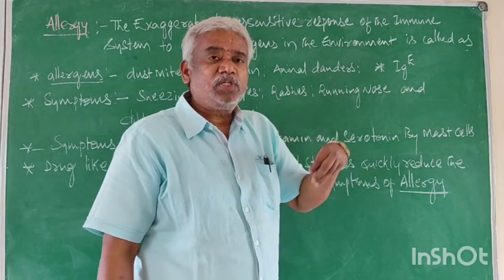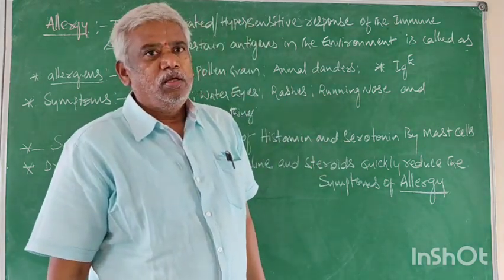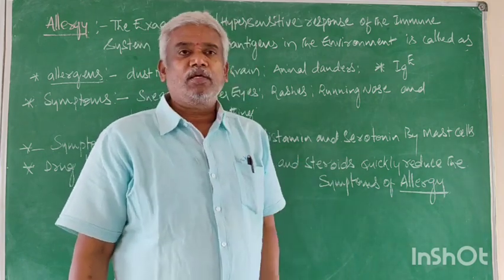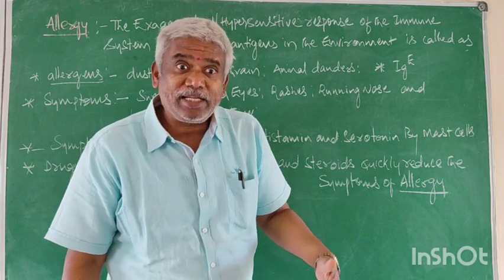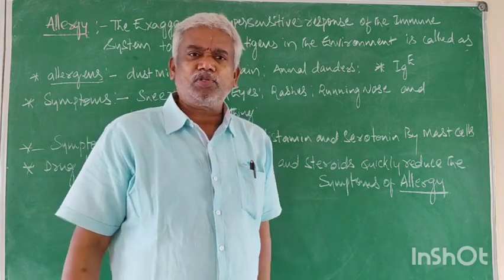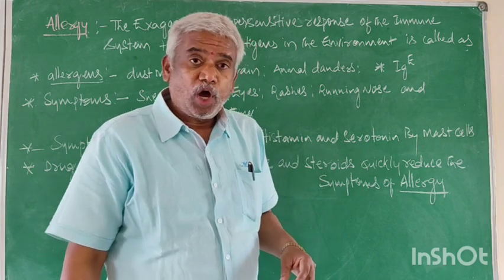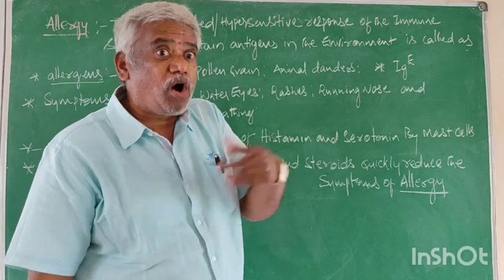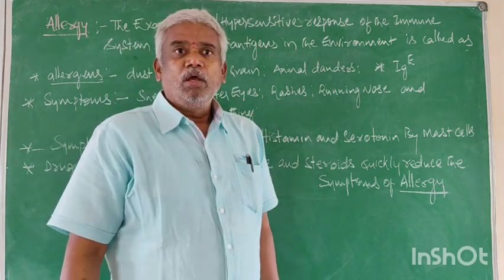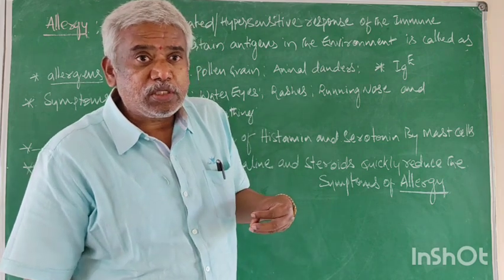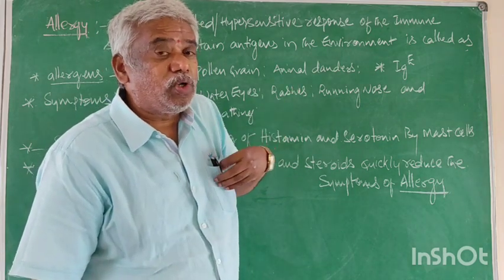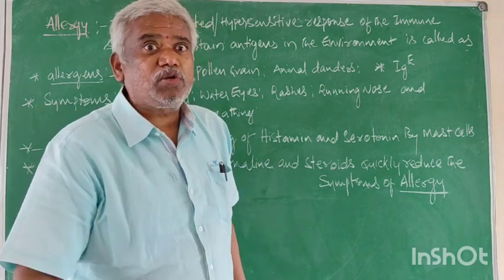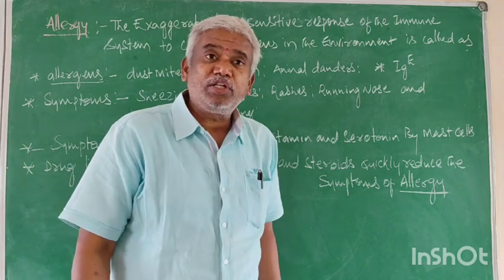If any foreign antigen, foreign molecule, enters into our body, which system stimulates and gives the response? Immunity system. How can you confirm the immunity system responded? How can you confirm that the immunity system in the body has already given a response to a foreign antigen? That is the production of antibodies.